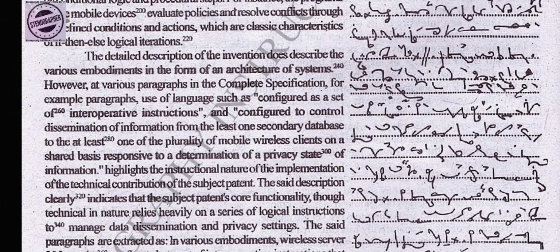However, at various paragraphs in the complete specification, the use of language such as "configured as a set of interoperative instructions" and "configured to control dissemination of information from the at least one secondary database to the at least one of the plurality of mobile wireless clients on a shared basis responsive to a determination of a privacy state of information" highlights the instructional nature of the implementation of the technical contribution of the subject patent.